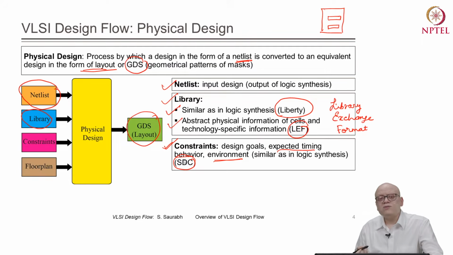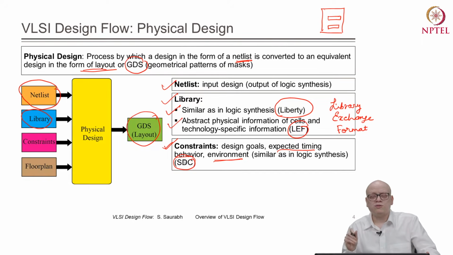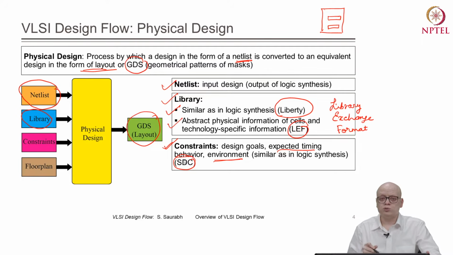So, the constraint file that we used in the logic synthesis step, we can use the same constraint file in the physical design, but with some modifications maybe related to the wires and routing and those kind of information which are not existing in the logic synthesis step, but which are important in physical design step.